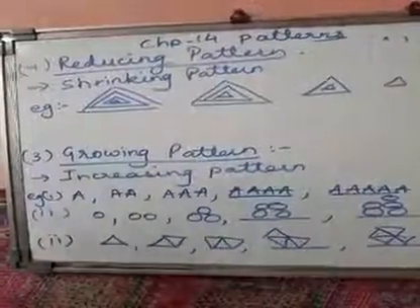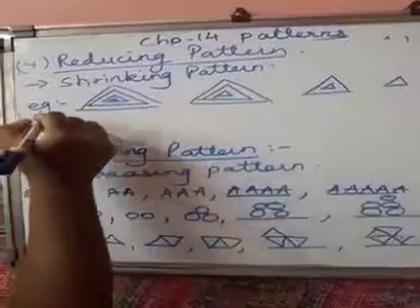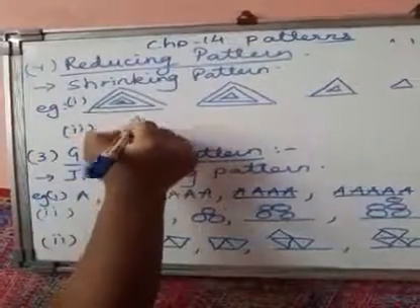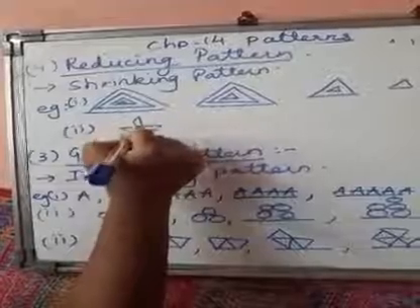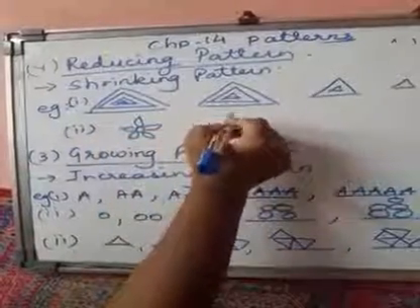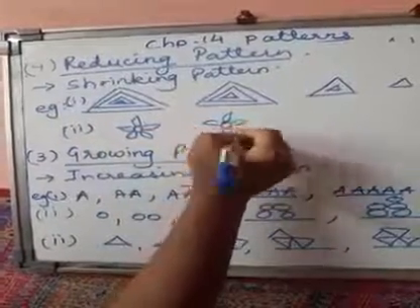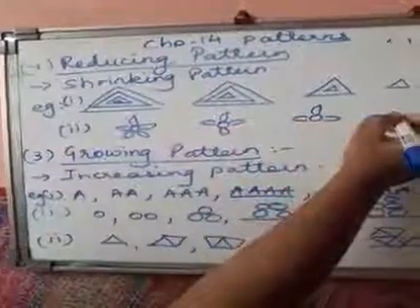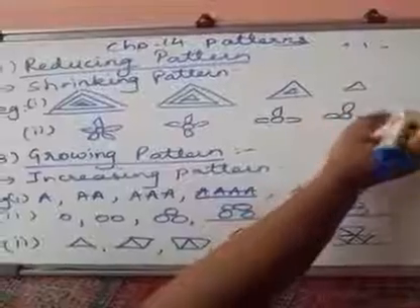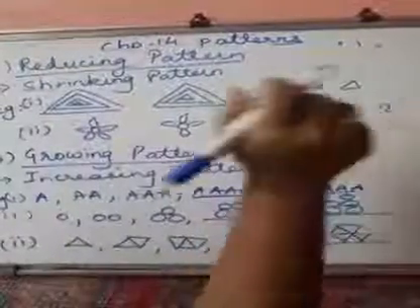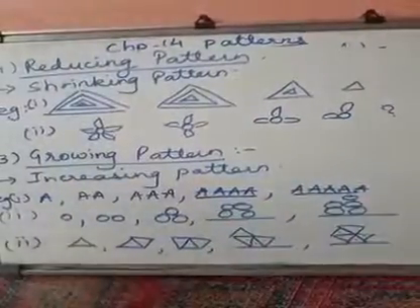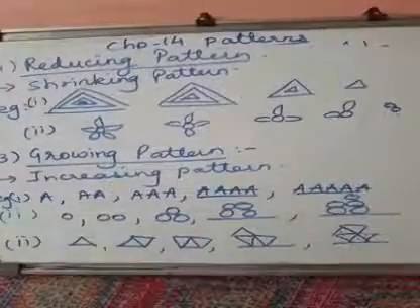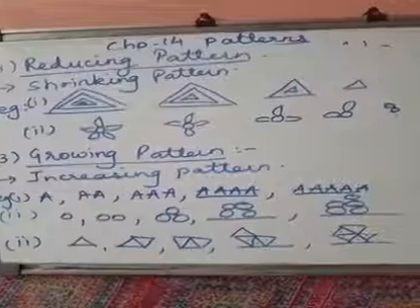Now suppose if I take one example of a design of a flower, okay? 5 petals. Now when I draw, next will be 1 petal withered off. So 4. So here 3. Then 2. Then 1. Okay. So in this way, what happened? The picture got shrunk. So this is nothing but about reducing patterns.